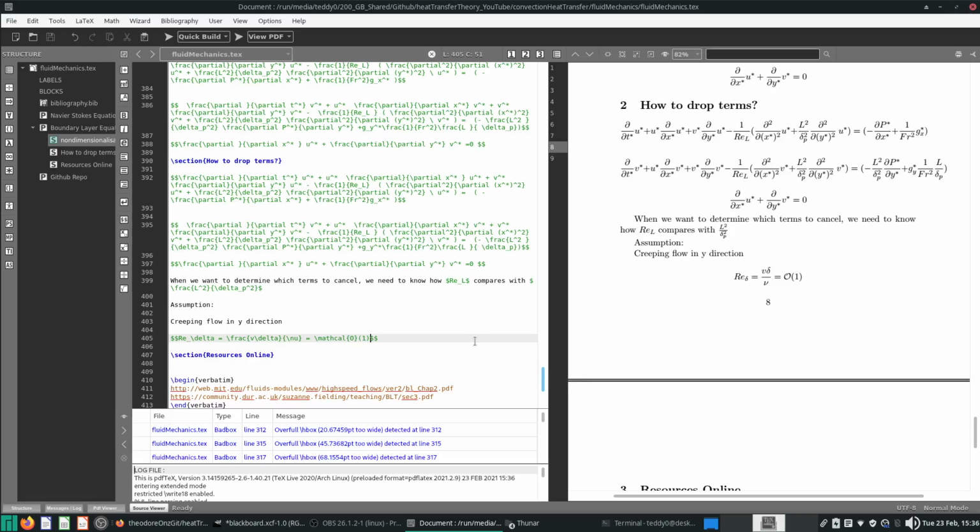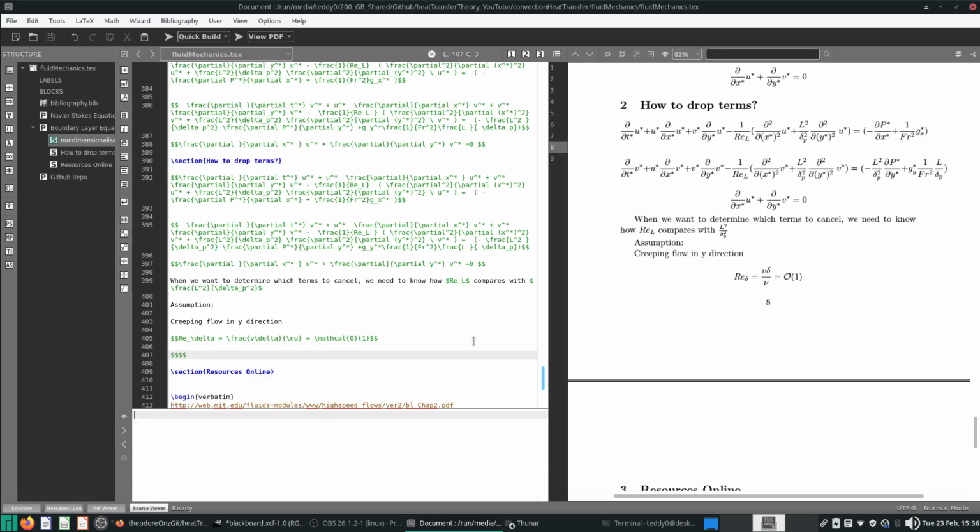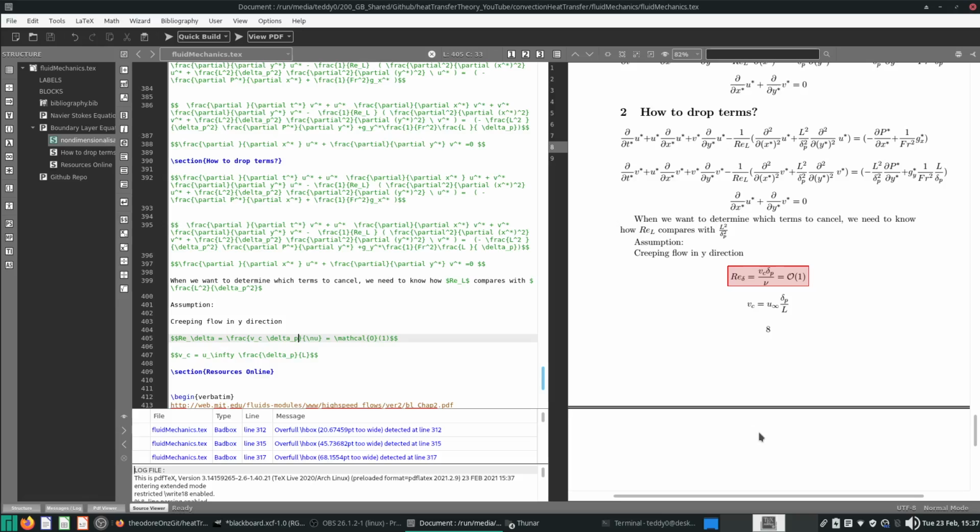So what is V? We previously described this V as a characteristic velocity in the y direction. So what's the characteristic velocity in the y direction? It's actually u infinity times delta p over L. I'll use delta p just to avoid confusion. Delta p over L will be the figure of merit.